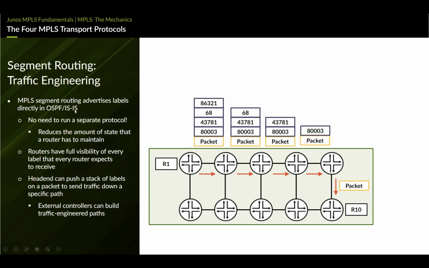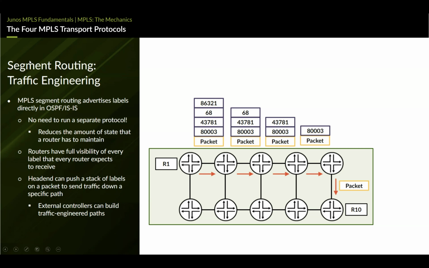You can use OSPF or ISIS, but I recommend ISIS. ISIS is better than OSPF. No need to run a separate protocol, and it reduces the amount of state that a router has to maintain. Routers have full visibility of every label that every router expects to receive. The headend can push a stack of labels on a packet to send traffic down a specific path.